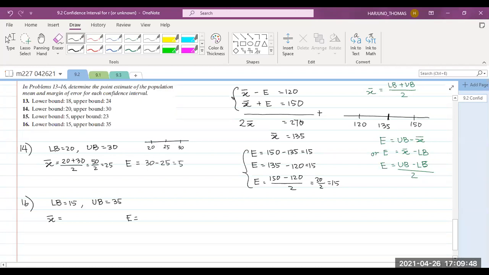So the margin of error is 5. Number 16, lower bound plus upper bound divided by 2, that's 50 divided by 2, that's 25. Margin of error will be the upper bound minus the midpoint. Margin of error is 10.